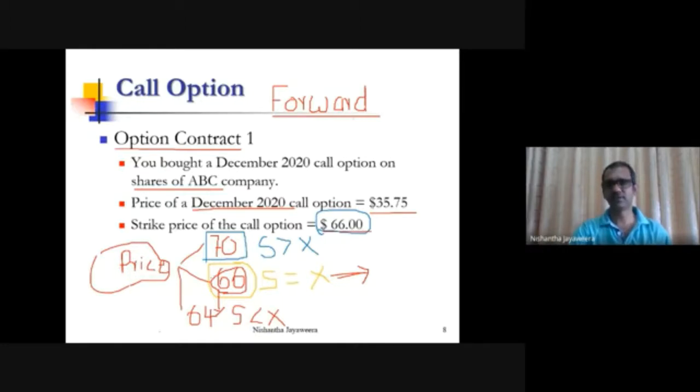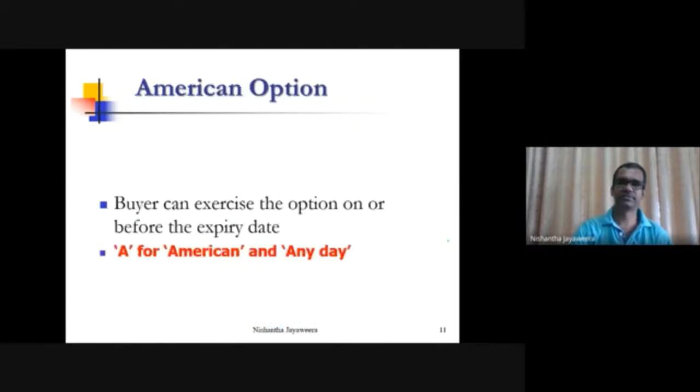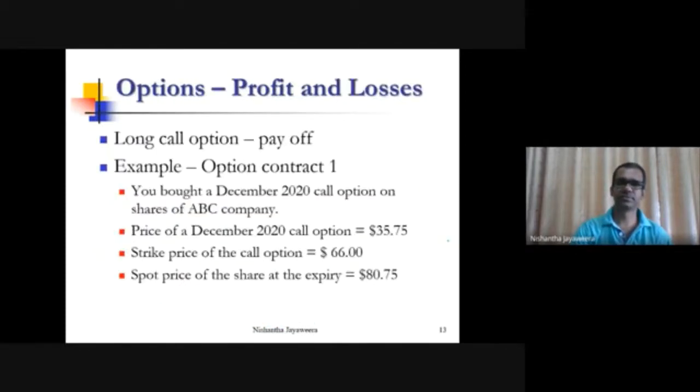You receive some cash flow, you make a gain here, but whether it's a real gain or not depends on the premium that you pay. Any questions? Is it clear?